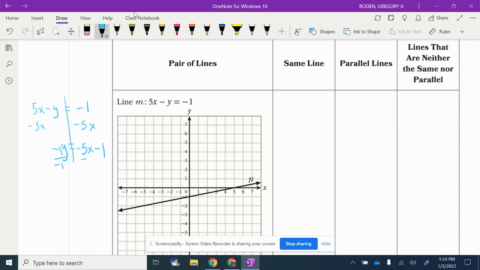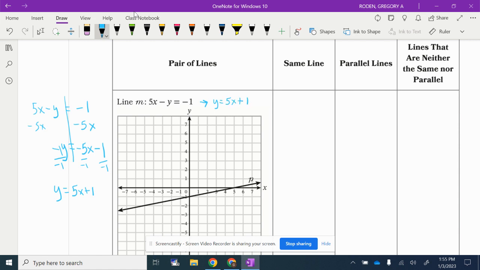We'll divide everything by negative 1 to cancel out the negative y. Now we have y equals negative 5x divided by negative 1 is 5x, and negative 1 divided by negative 1 is positive 1. So your equation is y equals 5x plus 1.